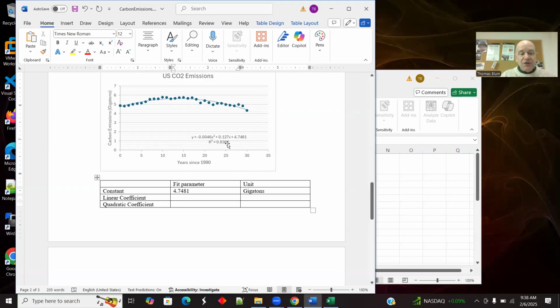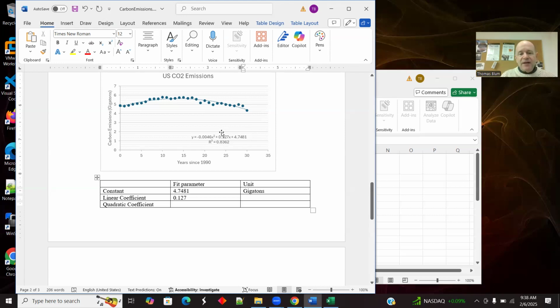The linear coefficient is the coefficient of x, so that's 0.127. And that's sort of like a slope, a rise over a run.